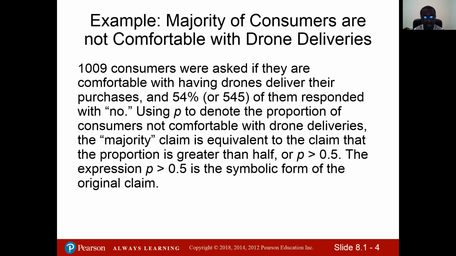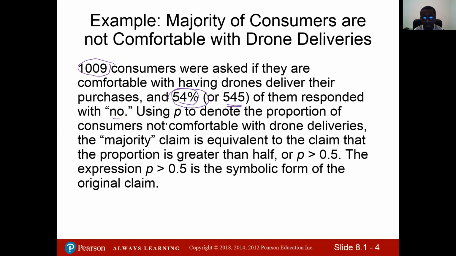Out of that, about 54% is the same as 545. The way to get that value is that you multiply this value by the sample size, how many were surveyed, and you get that 545. Of course, you're going to round it up, finding the sample size. Now, they responded no, they don't want that.